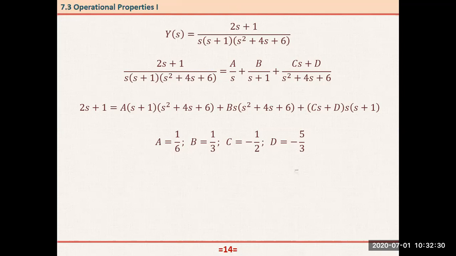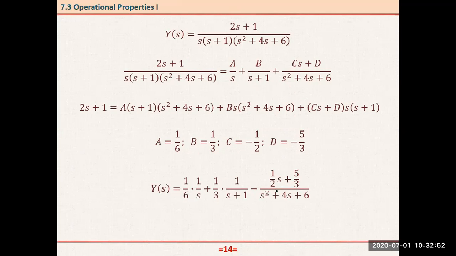Now, if you substitute into this expression, I know a, that is 1 over 6 here. B, it is 1 over 3. And c, that is equal to -1 over 2. D is also negative. That's why I write here minus 1 over 2 s plus 5 over 3. Okay.